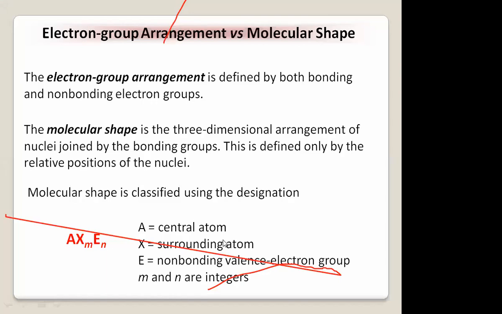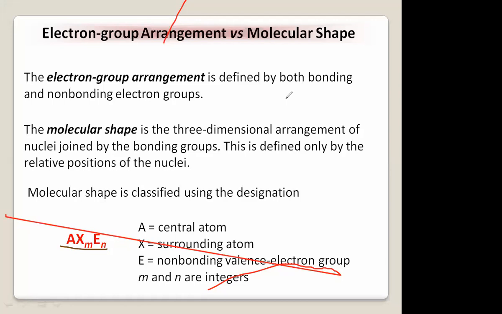For instance, if you have AX2E1, it means that you have two terminal atoms and you have one lone pair of electrons. So generally, we always have this concept of what we call AXmEn.